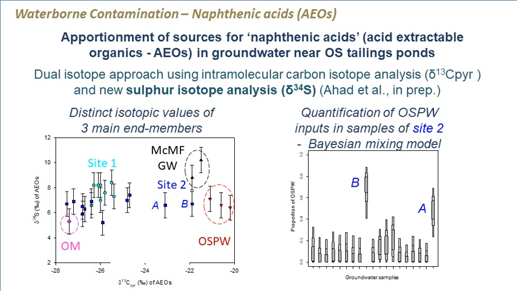And using the Bayesian mixing model that Jason has shown on the lower right, you can see that at site 2, samples A and B can have concentrations of OSPW as high as 75%, whereas the other samples in general in the 2 regions can have variation between 10 and 25%. So a good example of apportionment of source of AEOs in the context of groundwater in the oil sands region. Next slide.